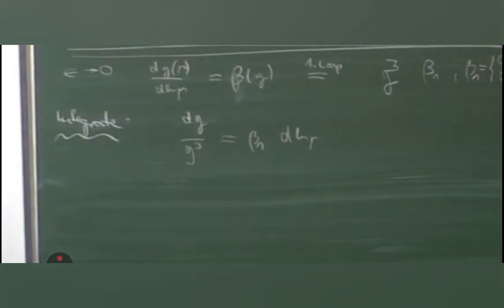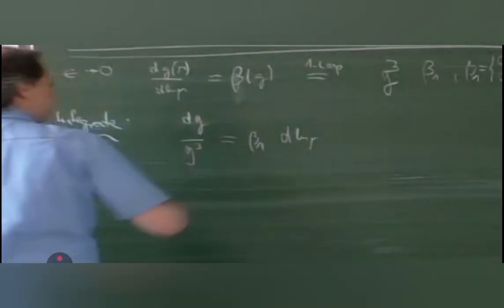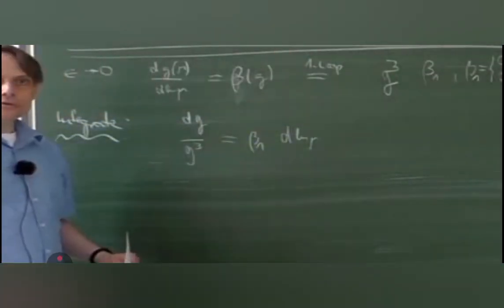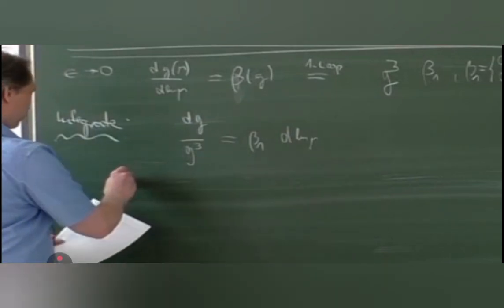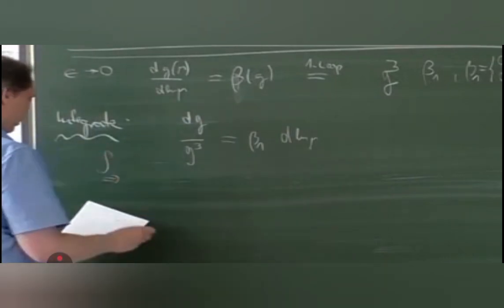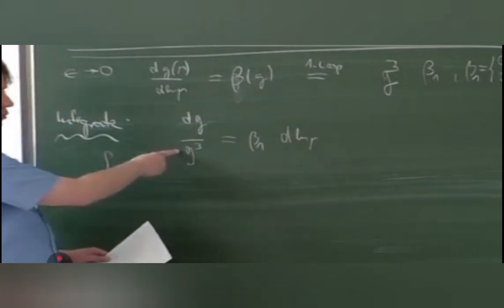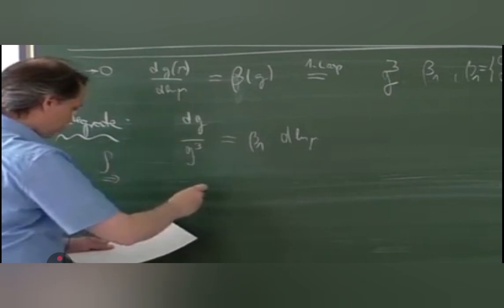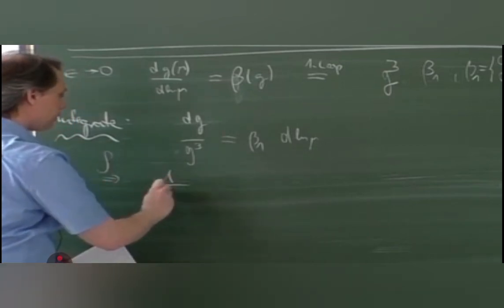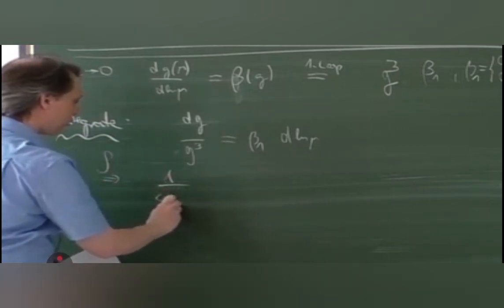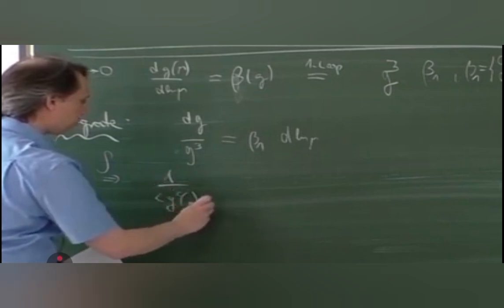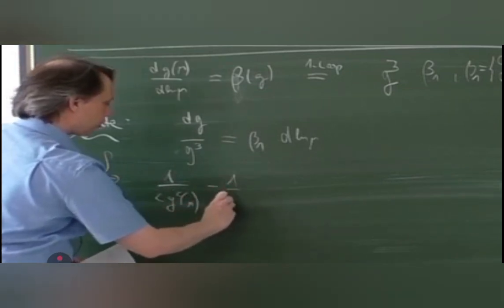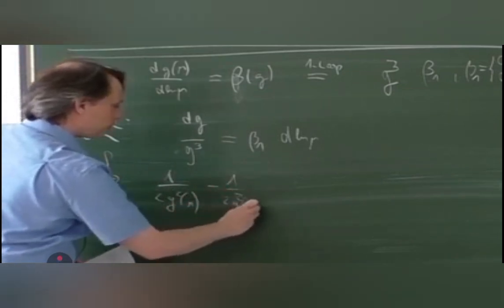And then we can just integrate, and the integral of the left-hand side and right-hand side is easy in both cases, and simply by integrating between two scales. So the integral of that is minus 1 over g square times 1/2, and therefore we get here 1 over 2 g square of mu minus 1 over 2 g square of mu 0.